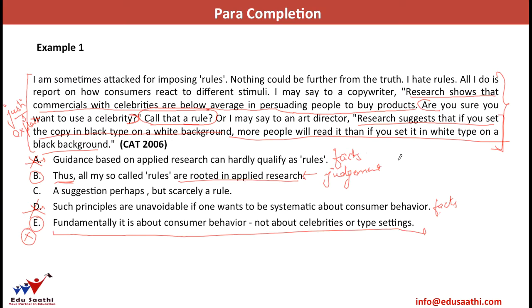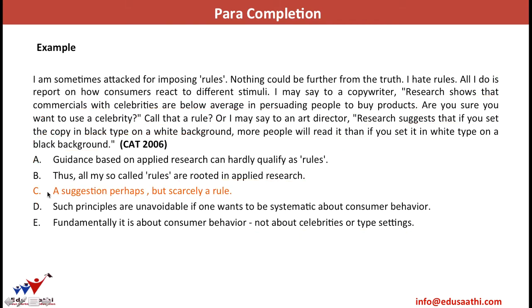And now he's also justifying, he's saying that there's always a reason that I do it. So he's being more of a judgmental person. So I'll remove this alternative as well. Why? Because here he's explaining and here he's being judgmental, right? So the only alternative left is option C. So my answer becomes option C.